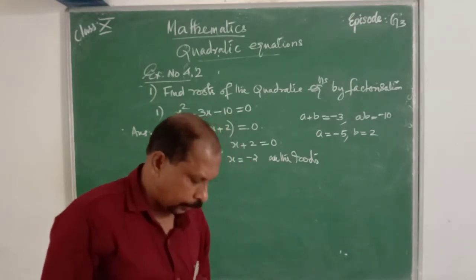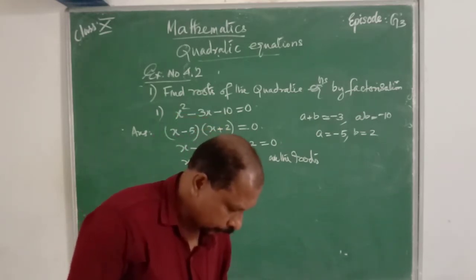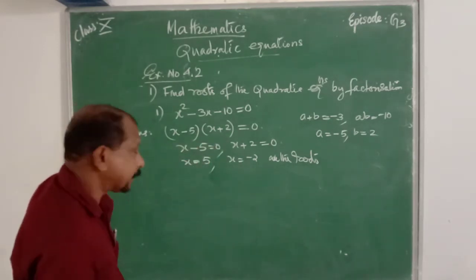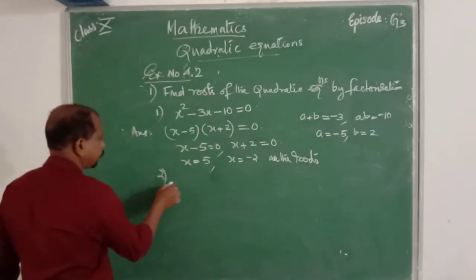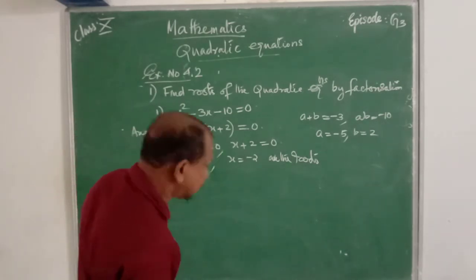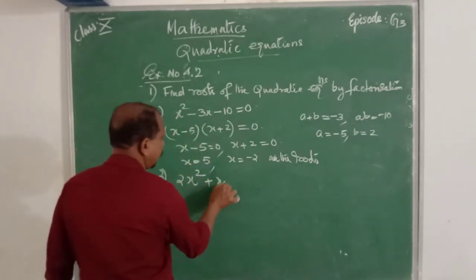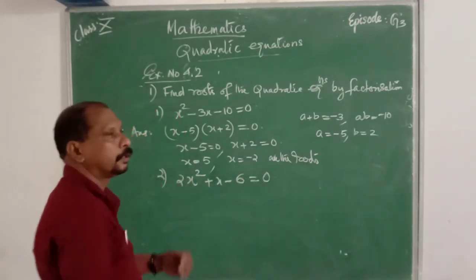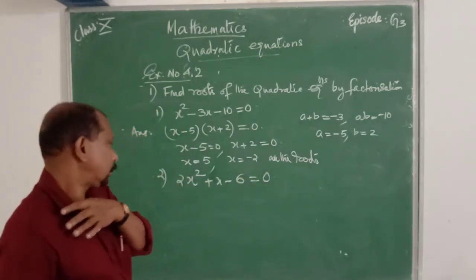Then the second question is 2x square plus x minus 6 is equal to 0. That is the second question.